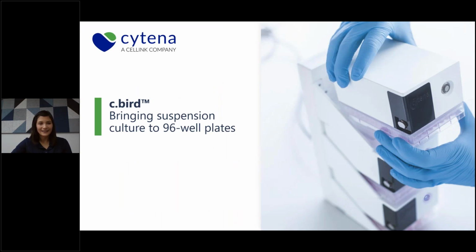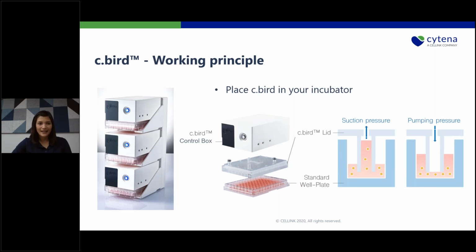So now we come shortly to the C.SIGHT, which is bringing early suspension culture into 96 well plates. As you can see here on the left side, this is a docking station, and 3 small bioreactors are stuck onto it.